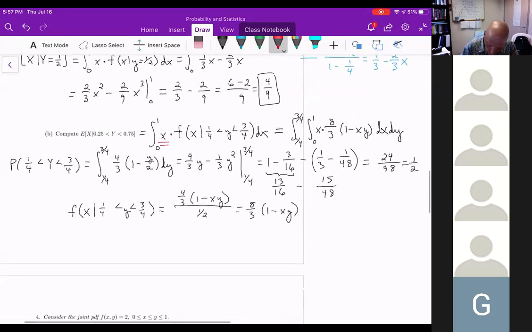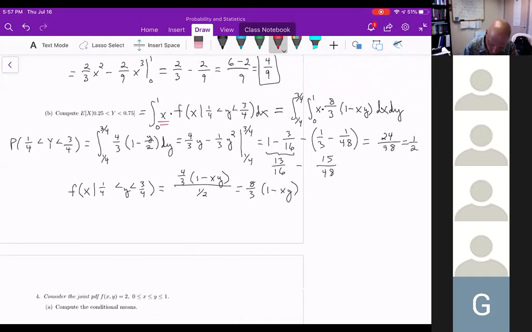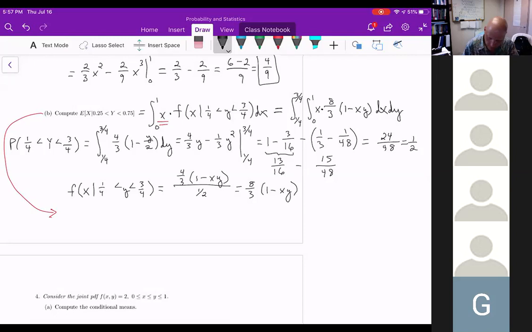So I'm going to go below in order to actually continue with this work. All right, so first we're going to integrate with respect to x. So that's going to be 8/3 x, which when you integrate that, the x becomes x squared over 2. The 2 divides into the 8, so we've got 4/3 x squared minus, you've got x squared y, and there's still the 8/3 there.